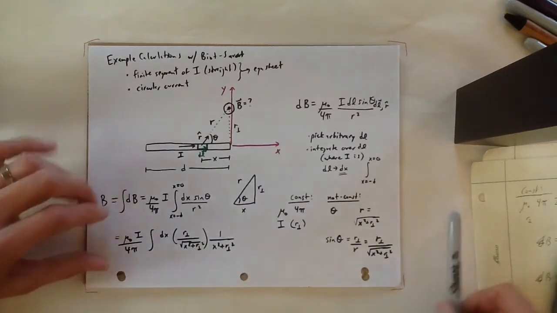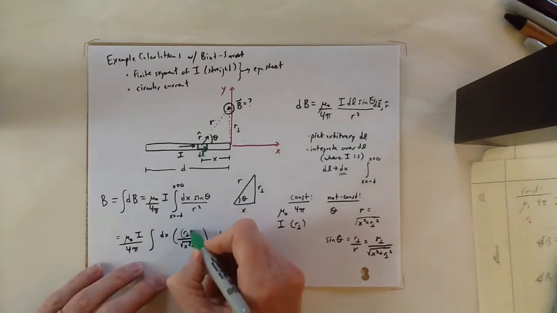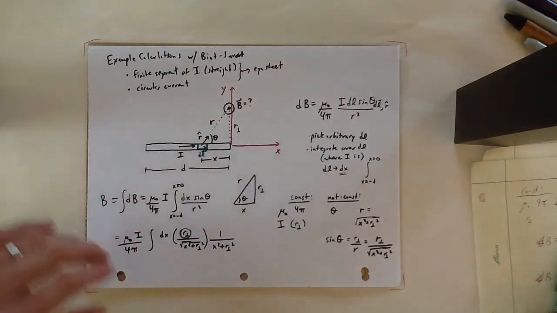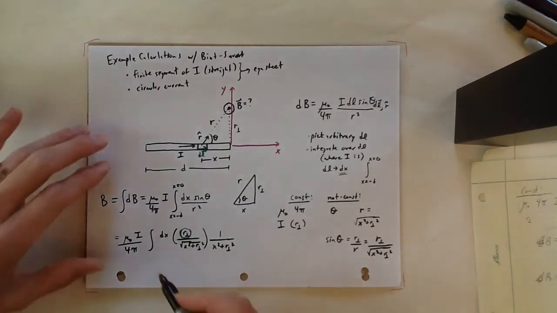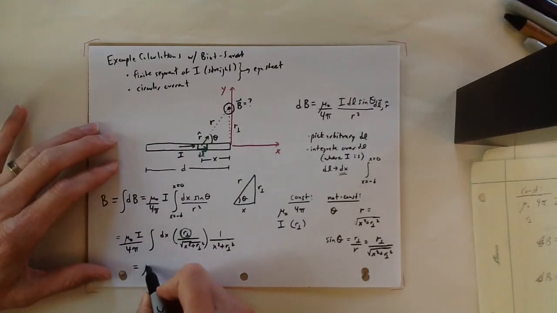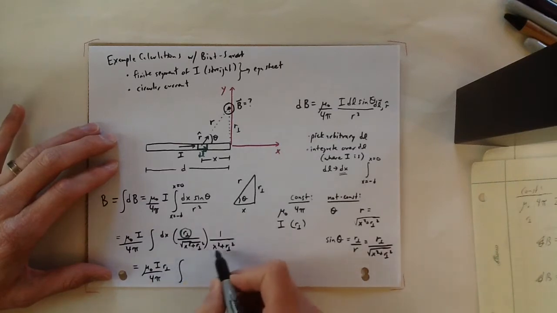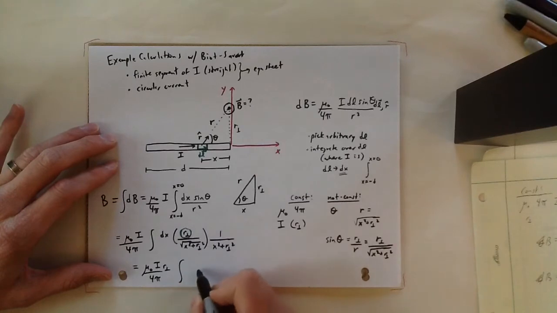And this thing right here, of course, is an additional constant that I can pull out. So let me write it over here. Mu naught I r perpendicular over 4 pi, integration, and then I'll combine these: square root of blah times blah, that's blah to the 3/2.